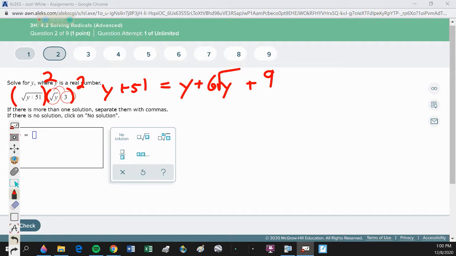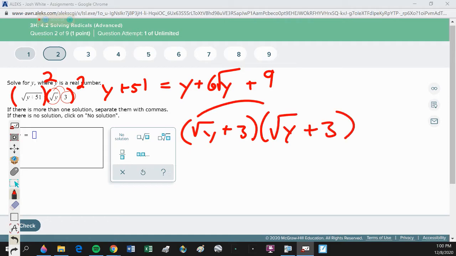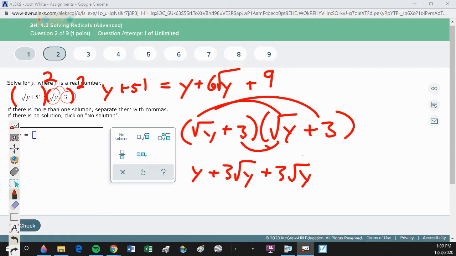Okay, let's write it out. So root y plus 3, root y plus 3. That is y. That is 3 root y. That is also 3 root y. And that is 9. Combining like terms, I get y plus 6 root y plus 9.